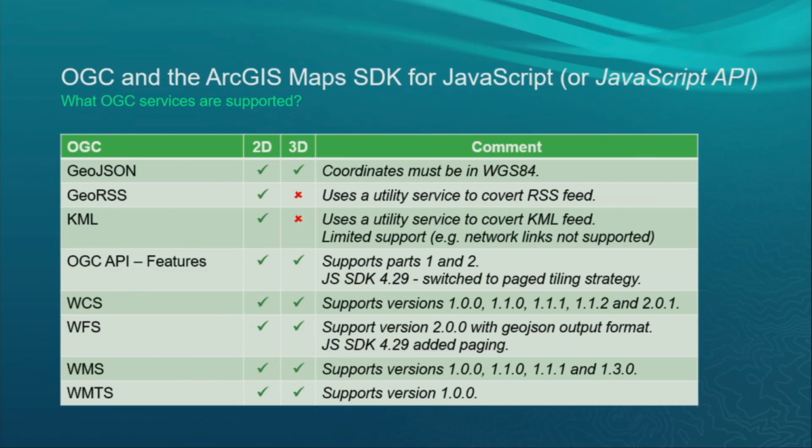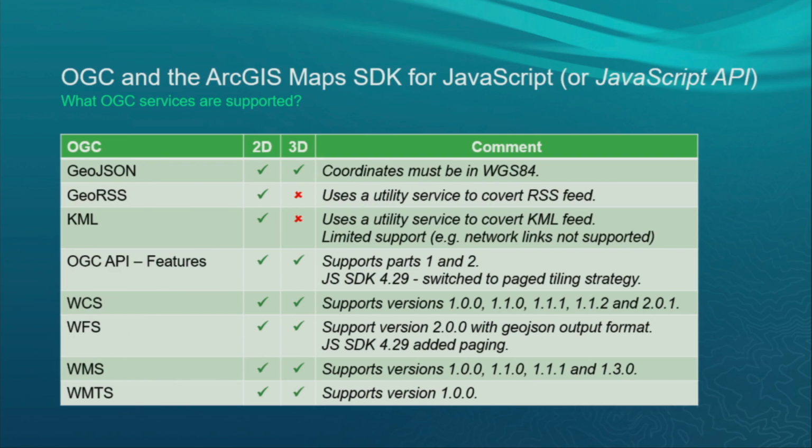So we support all versions of those three formats. For WFS, we only support the most recent version, version 2, and only those services that have GeoJSON output format. They're all supported in 2D and 3D, map view and scene view, with the exception of RSS and KML.